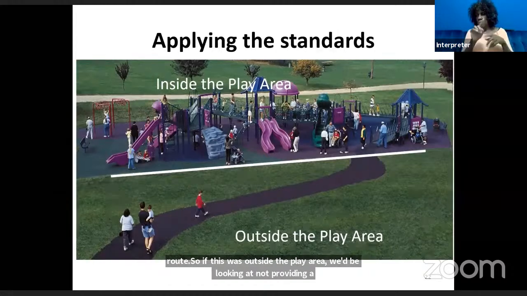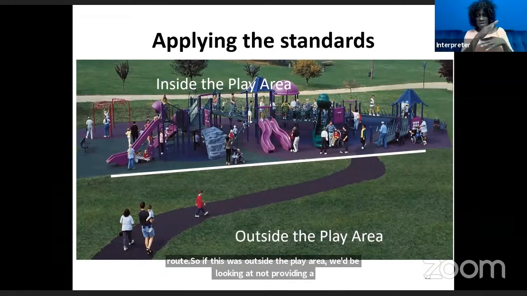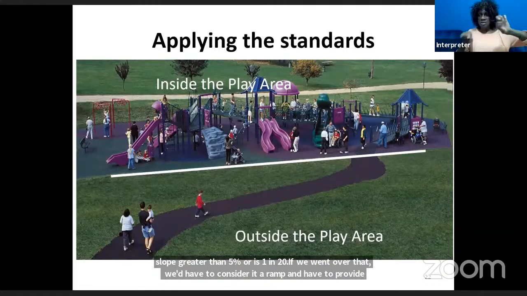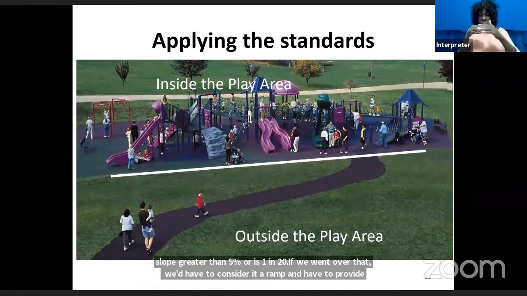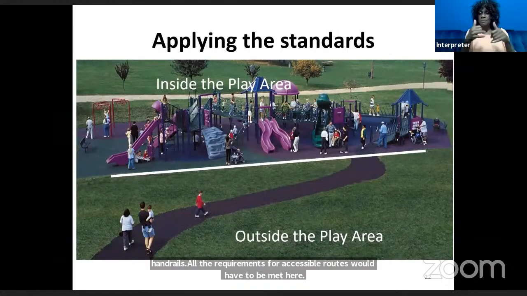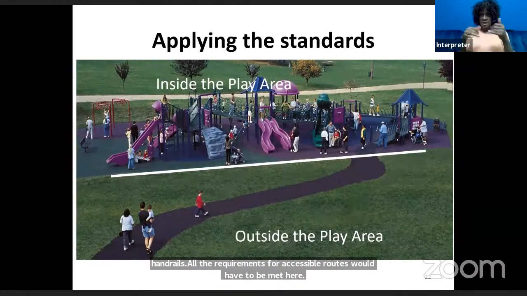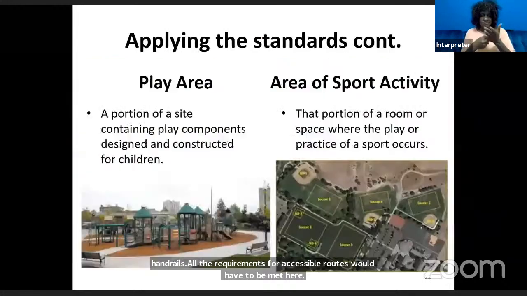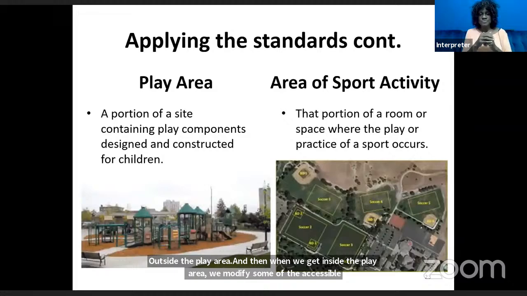If we went over that, we'd have to consider it a ramp and have to provide handrails. All the requirements for accessible routes would have to be met here outside the play area. And then when we get inside the play area, we modify some of the accessible route requirements that we'll talk about throughout this presentation. The standards apply to a play area, not an area of sport activity.